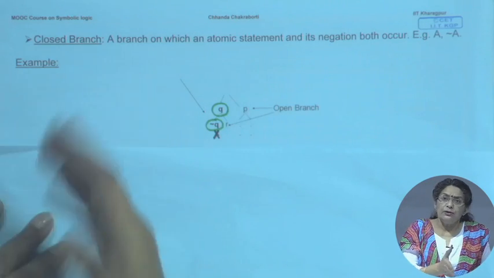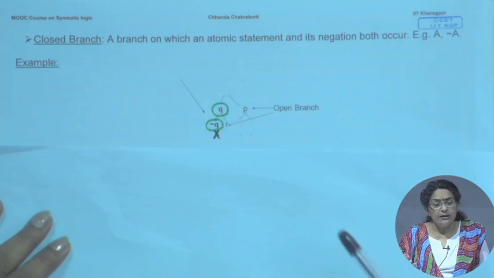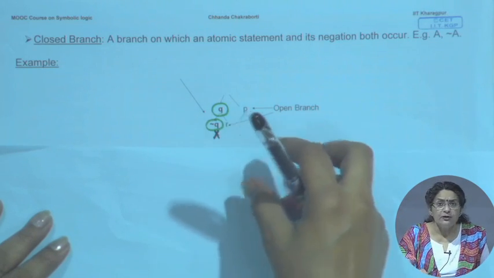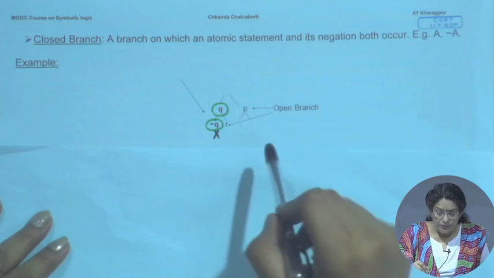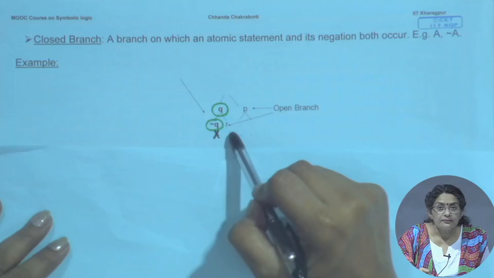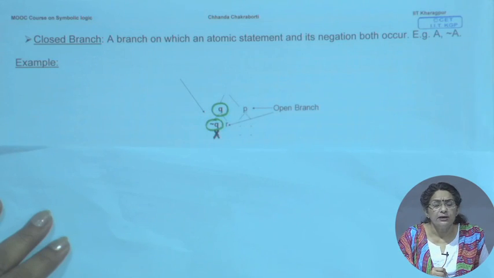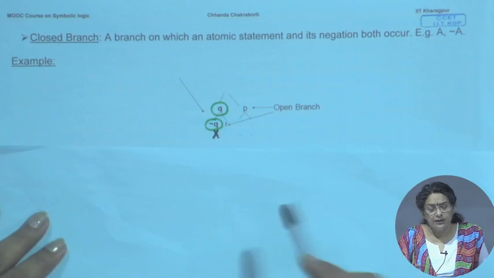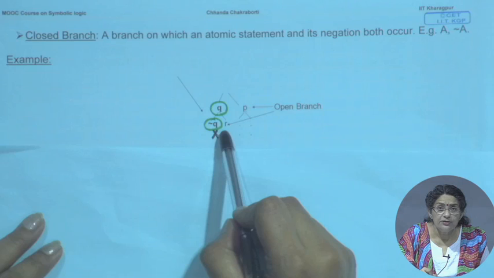So, this is your closed branch example, but when you are doing this, it may happen, and you need to understand this. Can we zoom it further to show this picture a little bit clearer? To show that when one branch closes down, it is not necessary that every branch will close down, right. For example, here you have R. Can you see that?